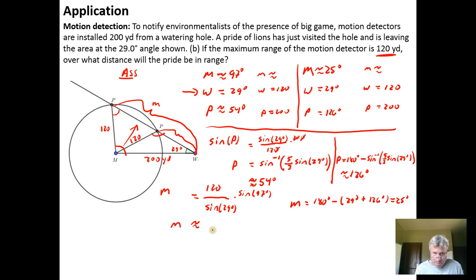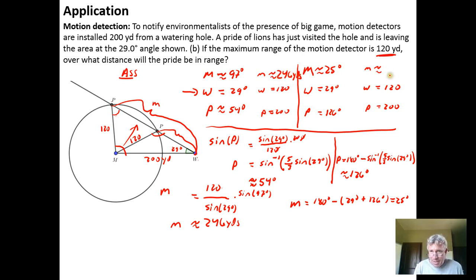And then we divide that by the sine of 29 degrees. And I got that typed in super wrong. 120 times the sine of 97 degrees. This is terrible. Divided by the sine of 29 degrees. Hit enter. That's about 246 yards. So I get 246 here.